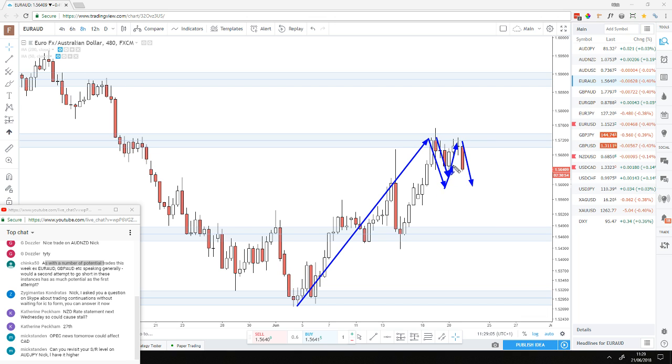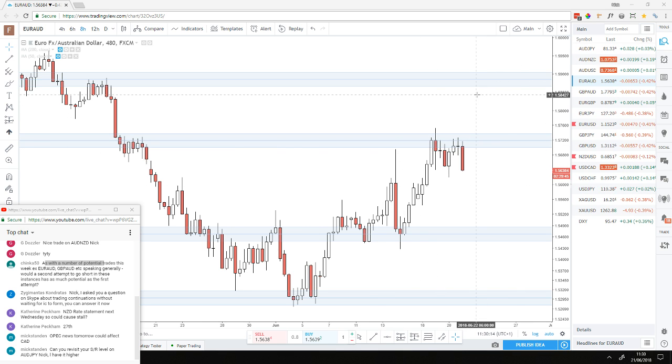Now, our counter trend trade's already not going well. Why would I want to enter on when buyers are showing strength again? When bears have shown that they can't even push down to here without turning around. So I wouldn't enter on that second one.